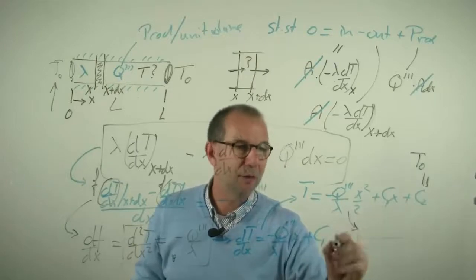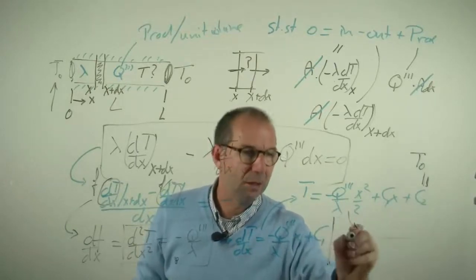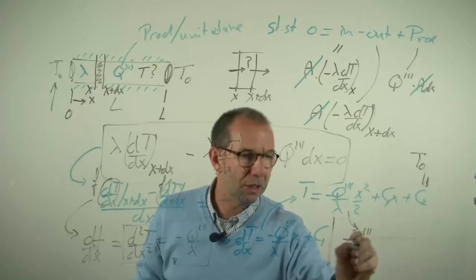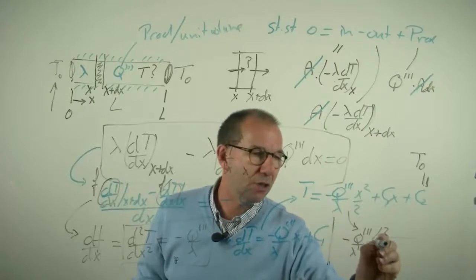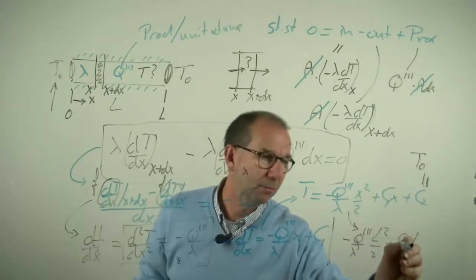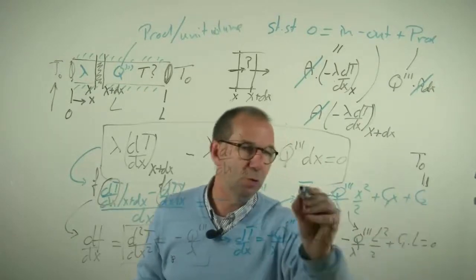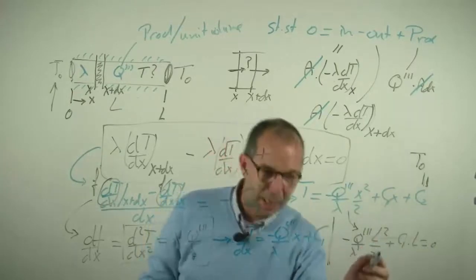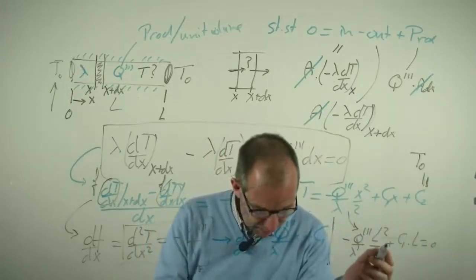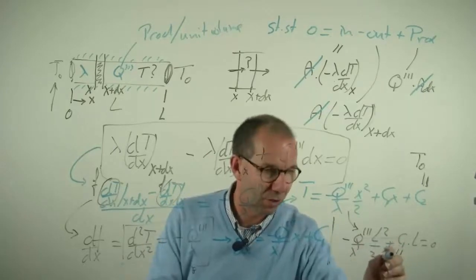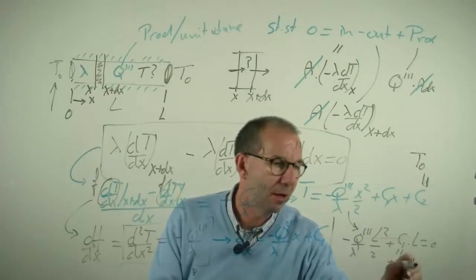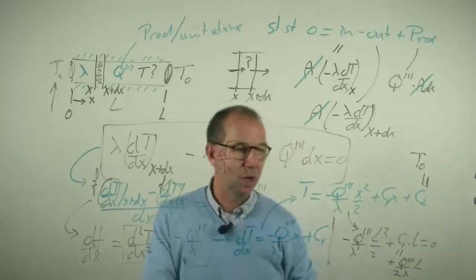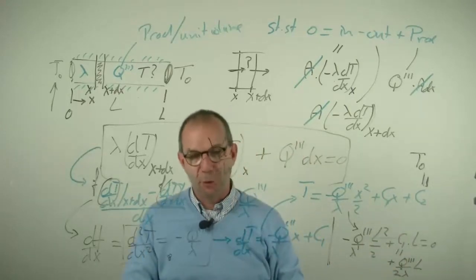So the second one gives me minus q triple prime over lambda L squared over 2 plus C1 times L equals 0, as these two cancel, and thus I can back out C1, which is plus q triple prime over 2 lambda times L, as I can scratch out one L. So now I have my full solution.